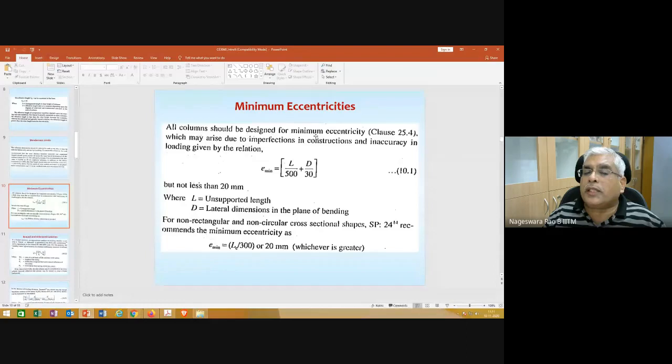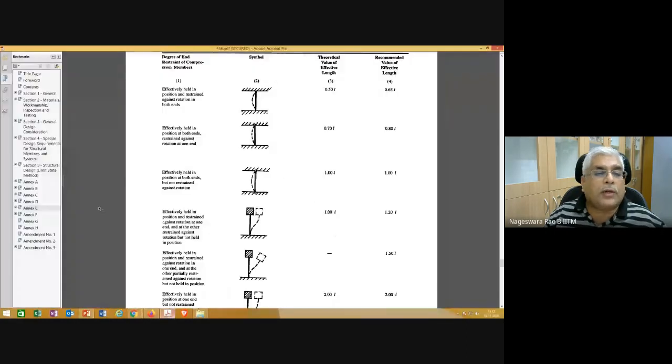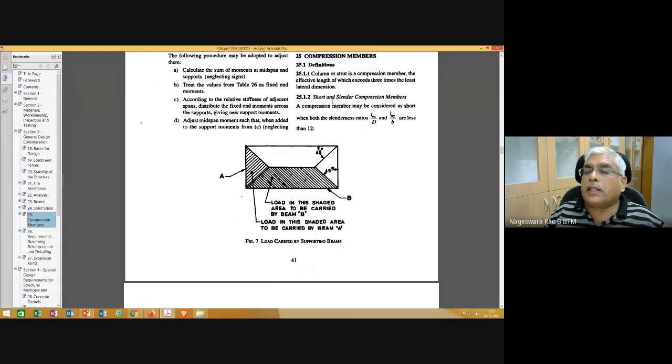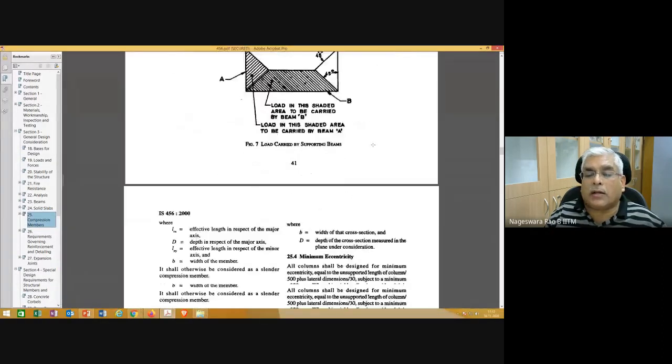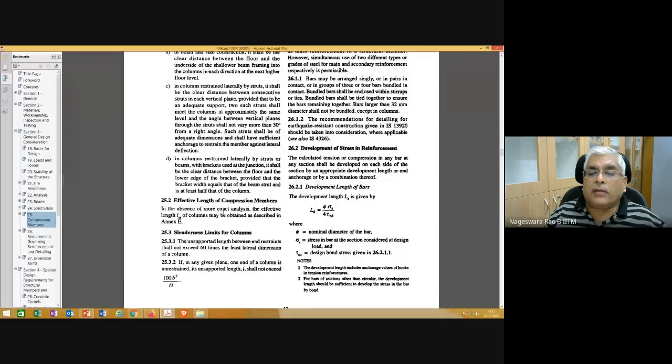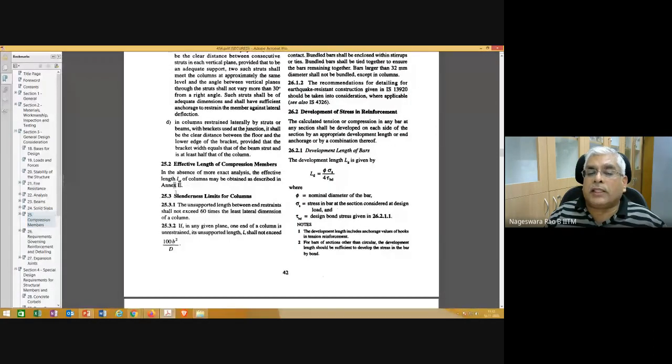All columns should be designed for minimum eccentricity. This I also showed you in the code. It is given under columns, compression members. Here, all these slender columns, short columns, unsupported length, and effective length, Annexure E, are referred to.